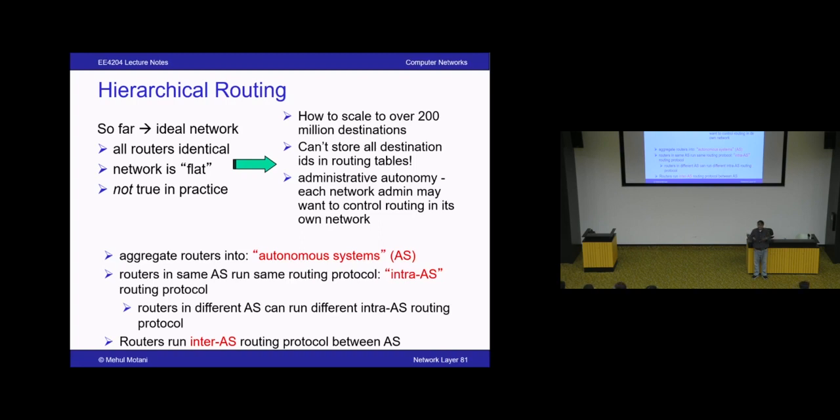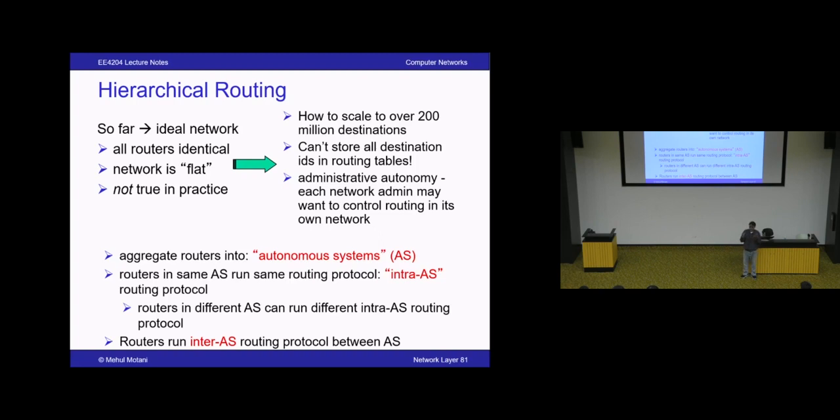For example, Singtel has an autonomous system, StarHub has an autonomous system. Any ISP with a set of core nodes that it controls and manages has an autonomous system.